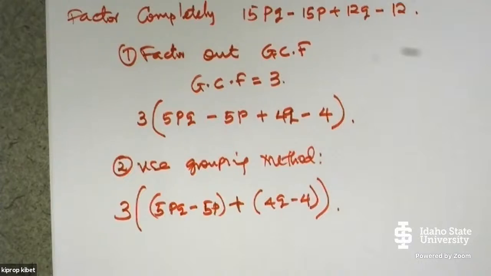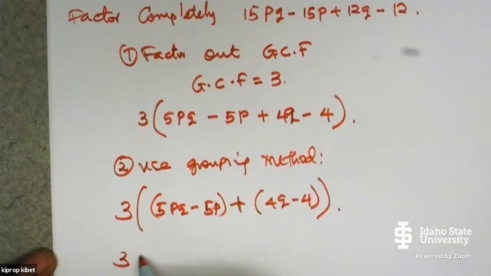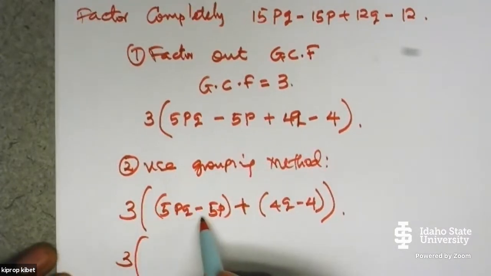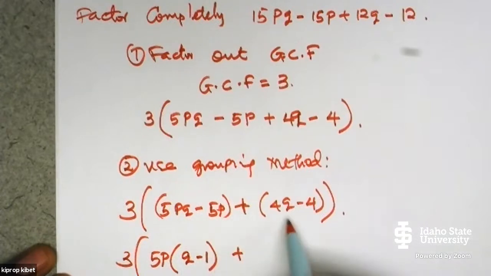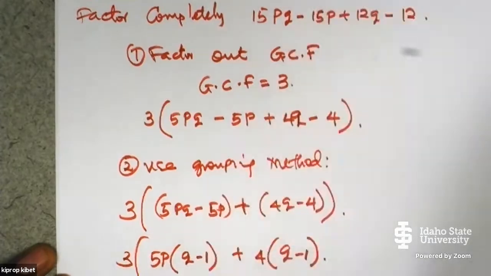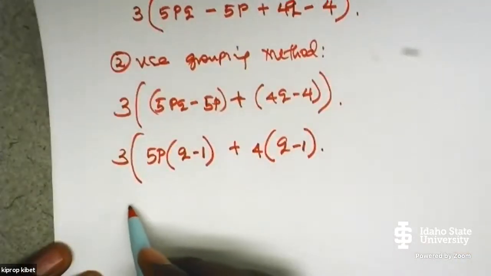Then what is common in the first group and the second group? In the first group, 5P is common, and what remains is Q minus 1. In the second group, 4 is common, and what remains is Q minus 1. Then again the 3.